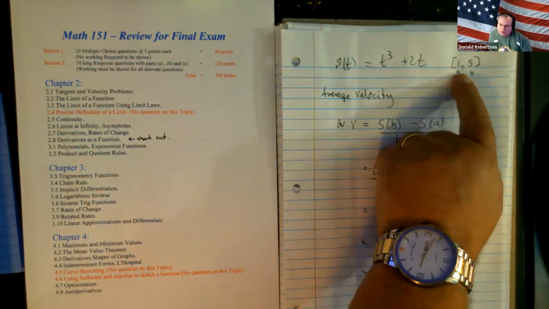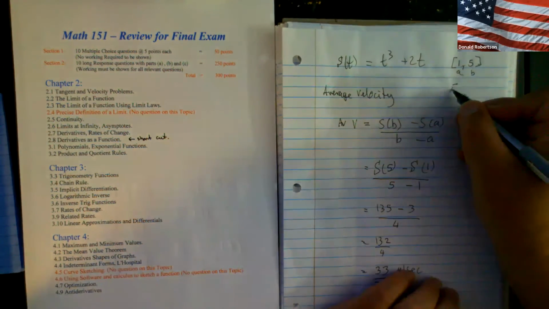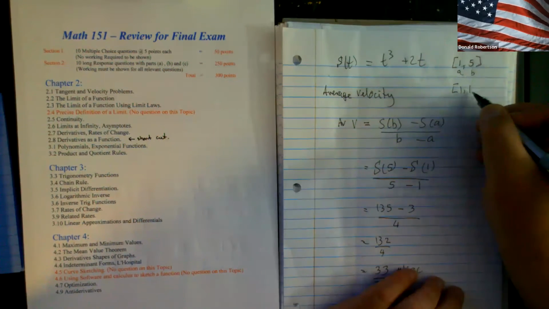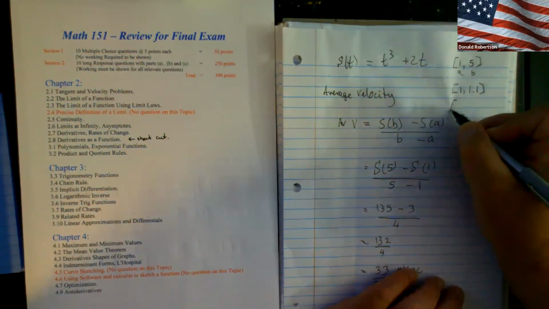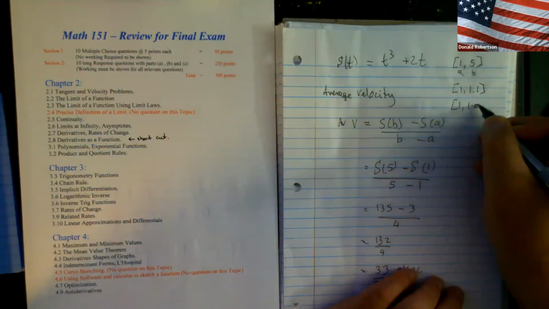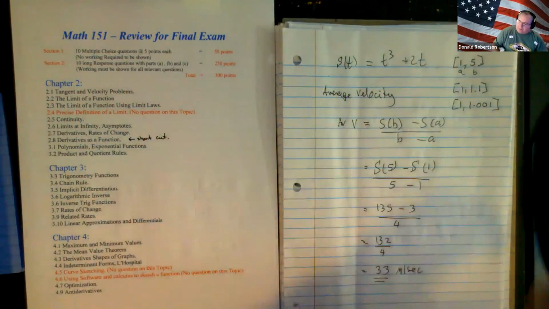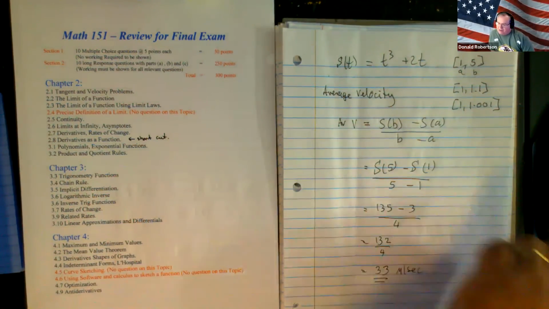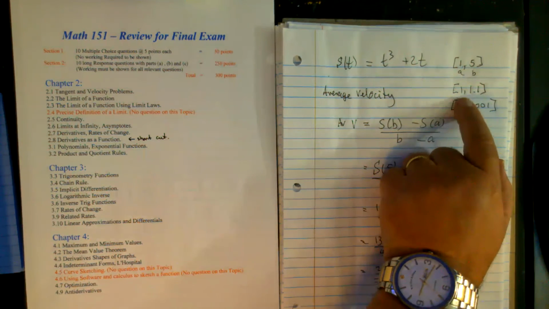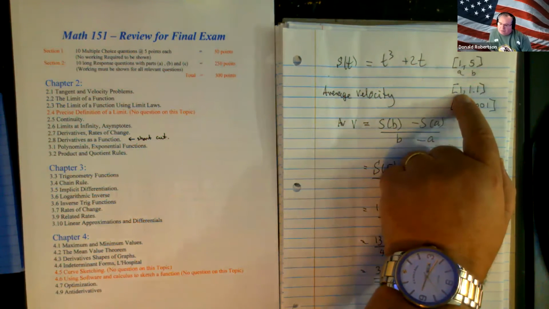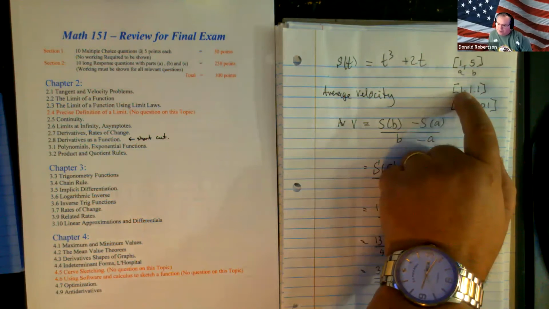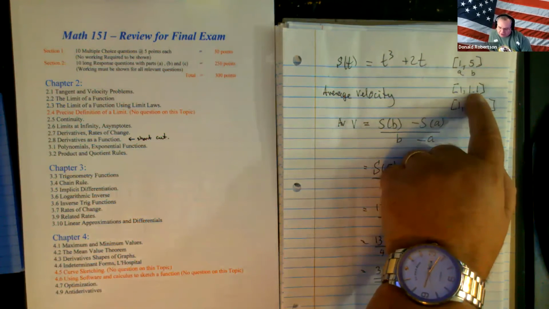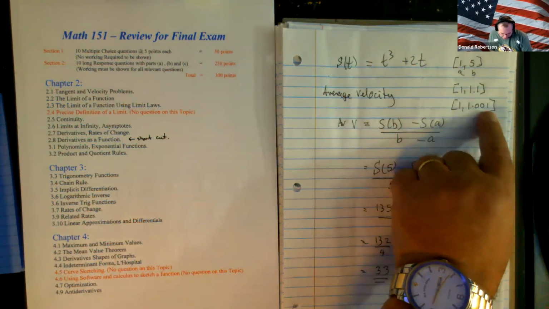Now, I've seen questions where you get a 1 to 5, but you also get a 1 to 1.1, and then a 1 to 1.001. Have you ever seen those ones, like a batch of 4 or 5 of them? Now, what is happening here is that the distance between the start number 1 and the finish number B gets closer and closer.